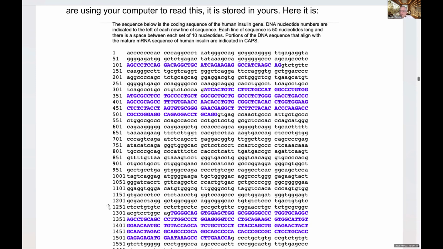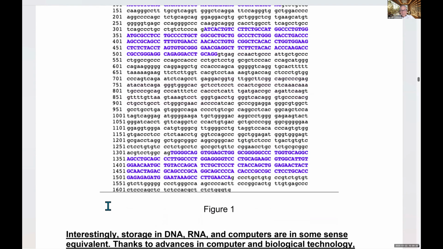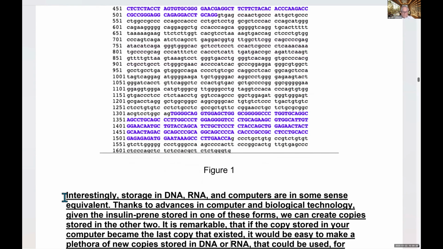It can be stored in DNA, it can be stored in RNA, but it can also be stored in our computers. All right, now, here's an interesting thing. I think it's interesting. Interestingly, storage in DNA, RNA, and computers are in some sense equivalent. Thanks to advances in computer and biological technology, given the insulin preen stored in one of these forms, we can create copies stored in the other two.